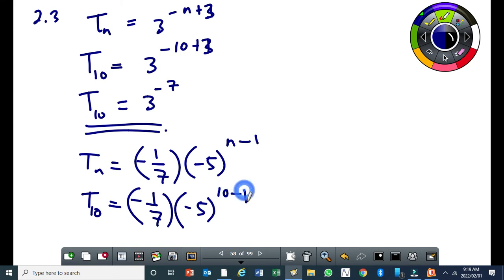Substitution is very important because in most cases, you get a mark for substitution. So don't just rush to move from here straight away, you might lose a mark for substitution. So our T10 will be equal to minus 1 over 7 times minus 5 to the power of 9.